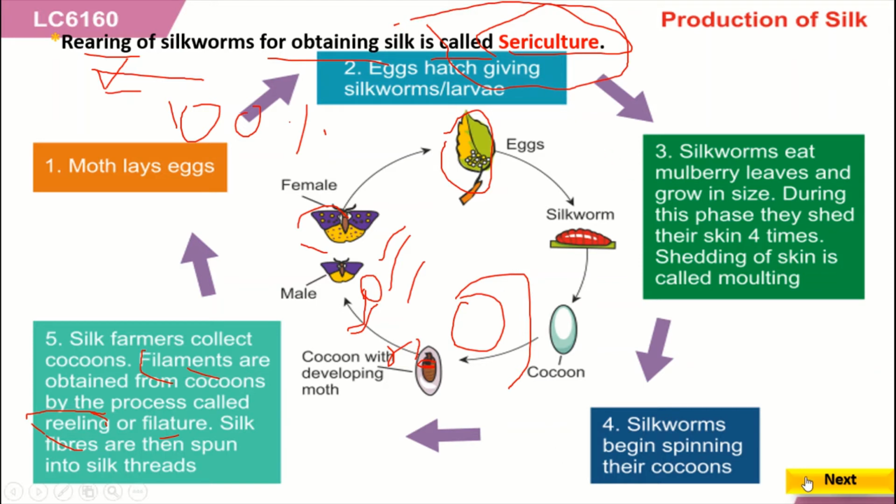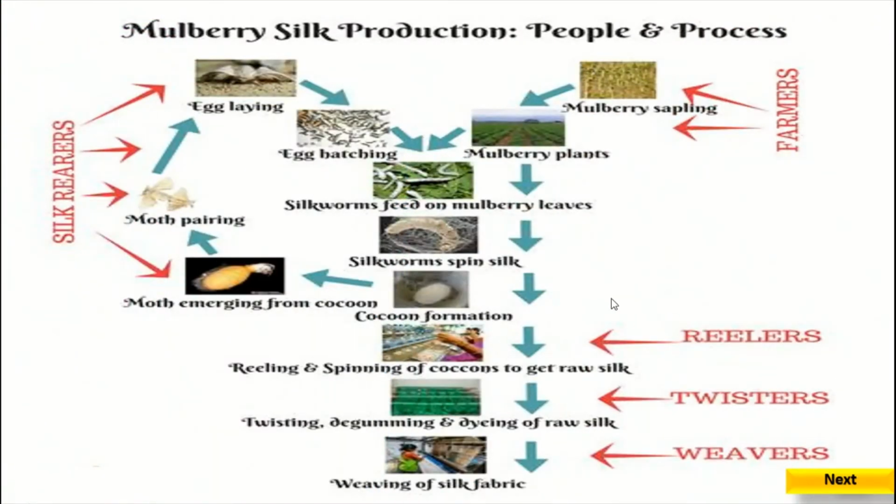Let us move next. This is the complete process. Eggs hatch into silkworms, which are fed mulberry leaves and form a cocoon around themselves. Reeling and spinning give raw silk, separated from the cocoon. Then it is twisted and woven.